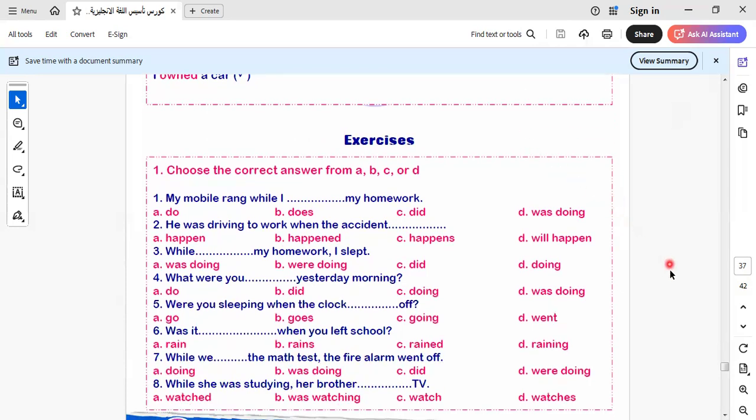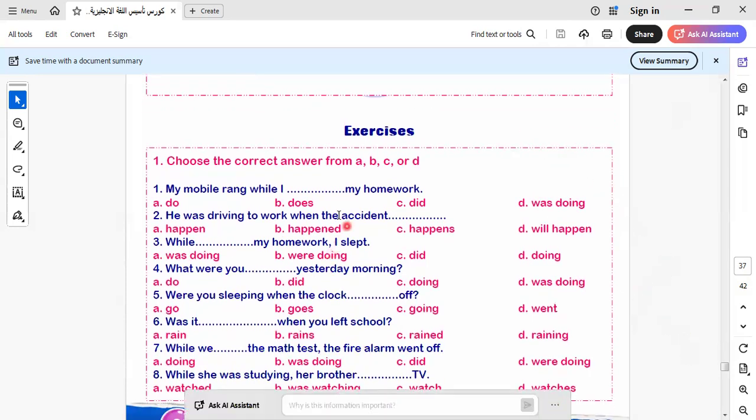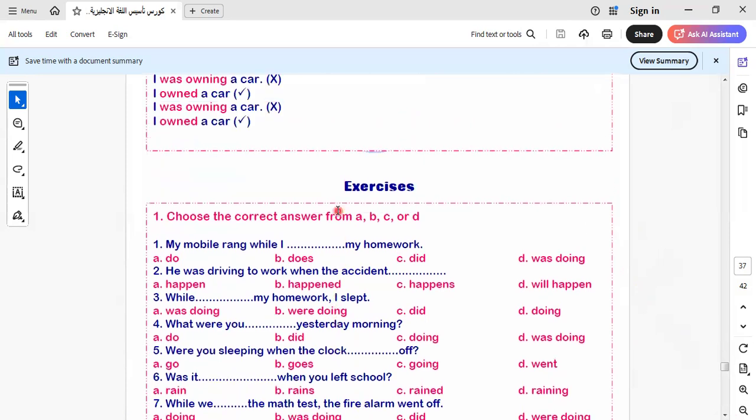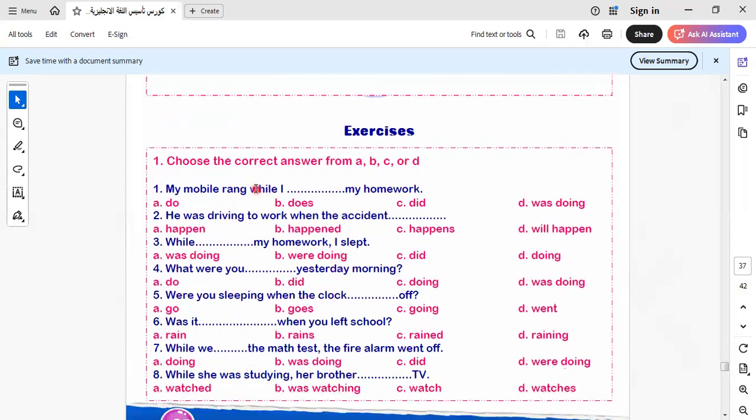Let's answer the test related to the past continuous tense. My mobile rang while I was doing something. I told you that while must be followed by the past continuous, so the correct answer is was doing. He was driving to work when the accident happened. Why?